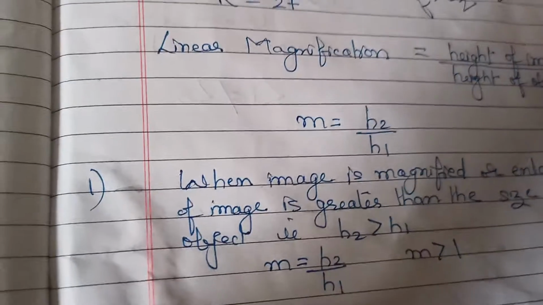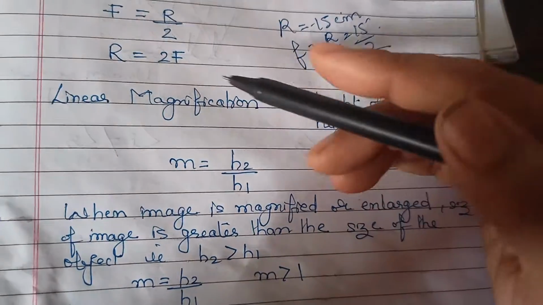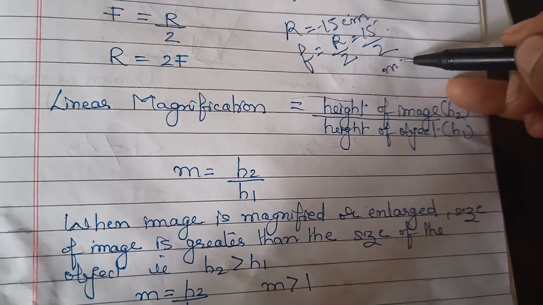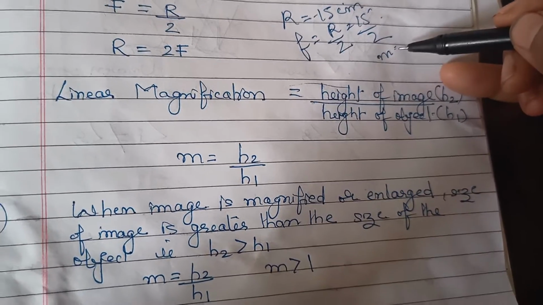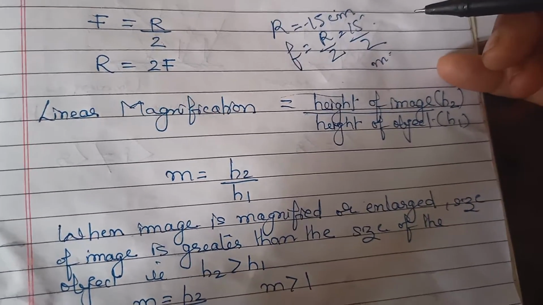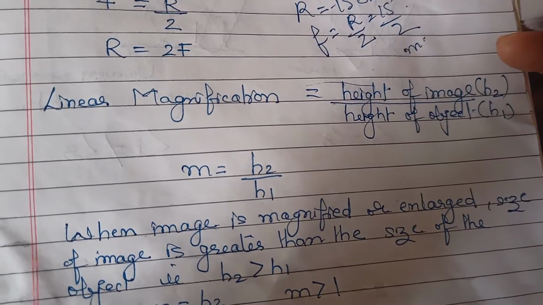Now next topic is about linear magnification. What is linear magnification? Magnification, as I told you, m. Magnification means how much the size of the image is magnified: bada, chota, small, diminished, point size.